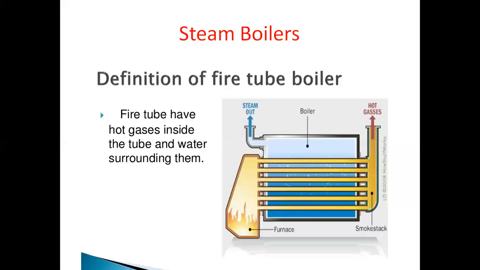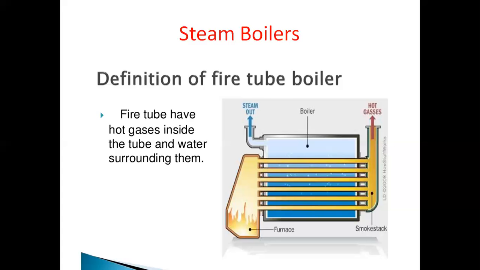If it does not contain water particles, but its temperature is only the saturation temperature, we call that dry steam. And if the temperature is more than the saturation temperature, then it is superheated steam. So based on our quality of steam, we may choose.